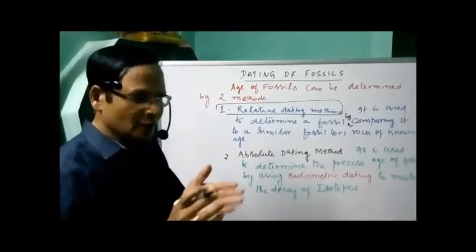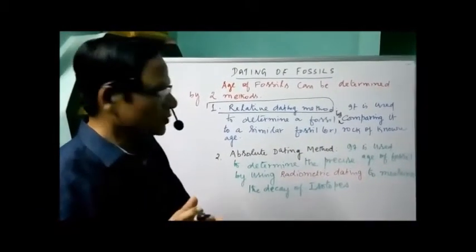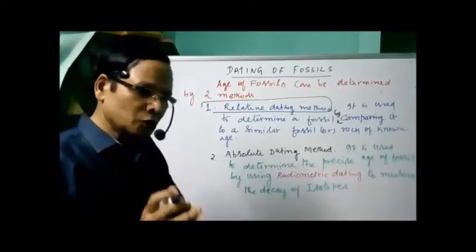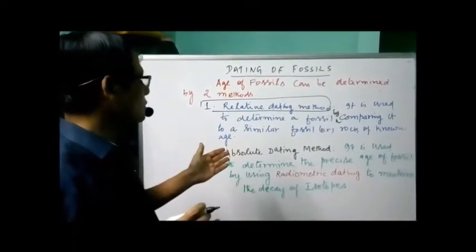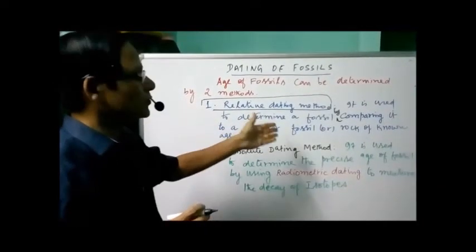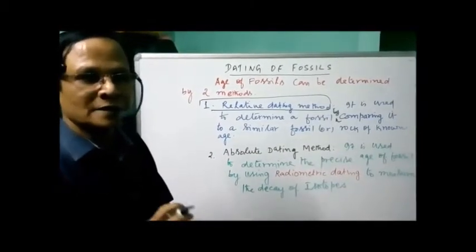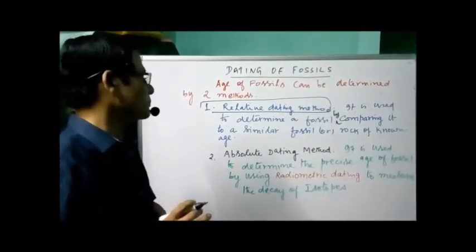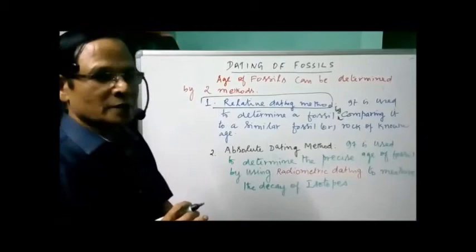We have a standard fossil already, its age known. So we are comparing this fossil to a similar fossil or rock of known age. That is the standard value we have already. That is called the relative dating method.